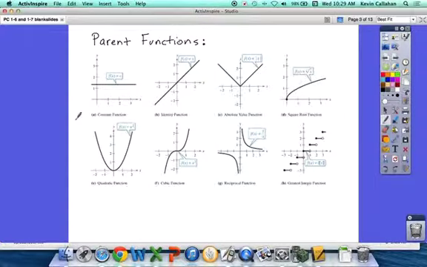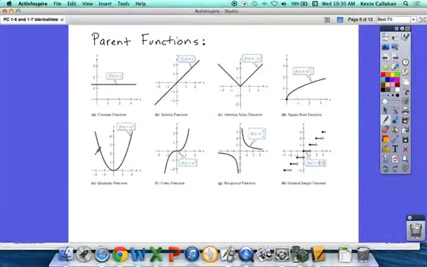Again, those are ones that we don't think of as much. We're pretty well versed in absolute value, the V. We've seen that all the time. The square root function is a good one to show a lot of these things with. Quadratic, which in the book sometimes they call a squaring function.